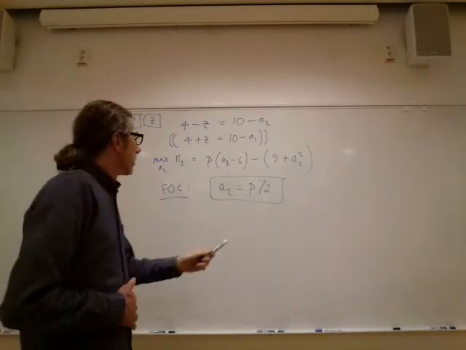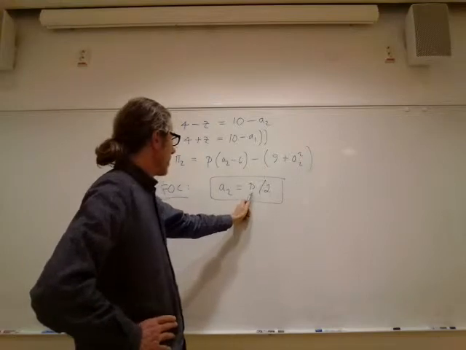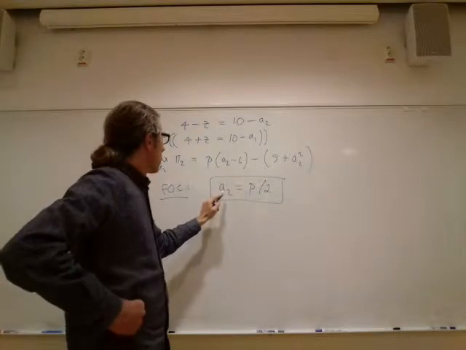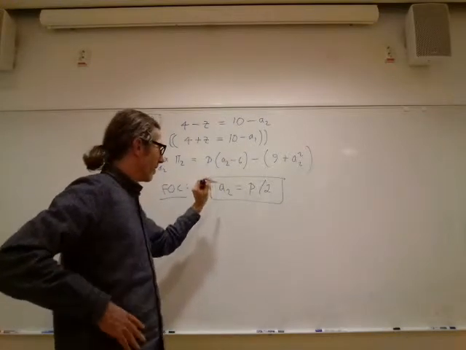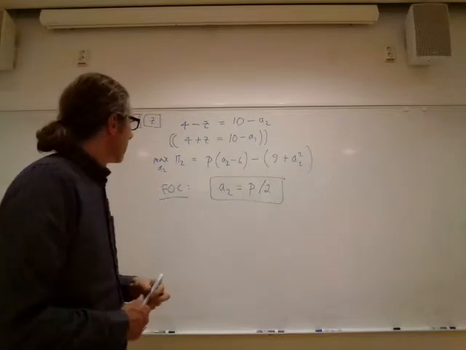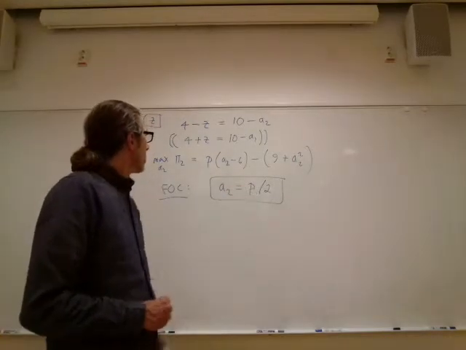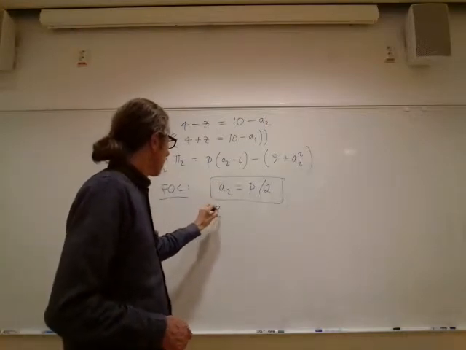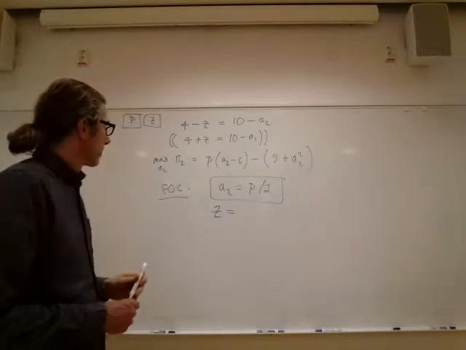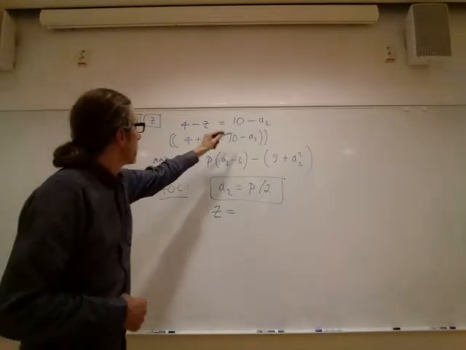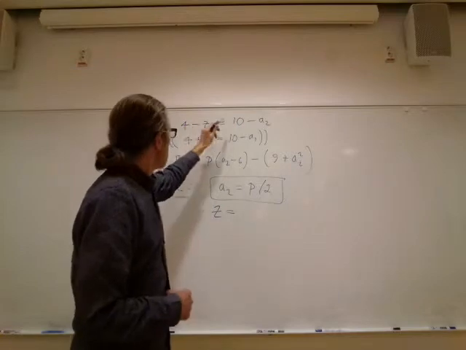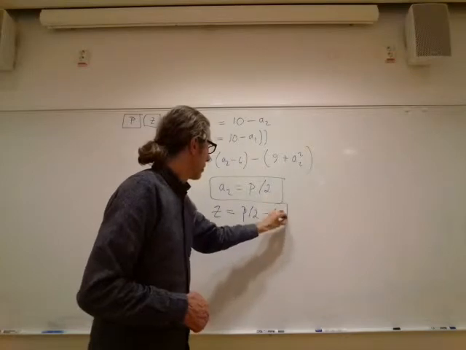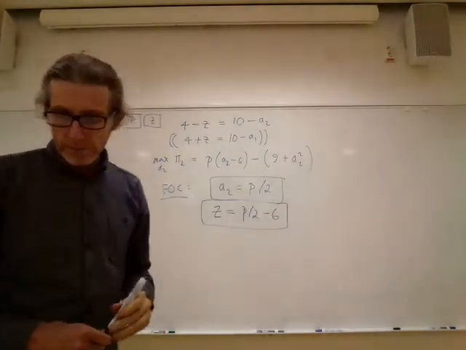So, if firm 1 sets the price of P and makes a take it or leave it offer, then it knows that firm 2 will abate such that firm 2's abatement will be equal to P over 2, and firm 2's sales, Z, will be A2 minus 6, P over 2 minus 6.